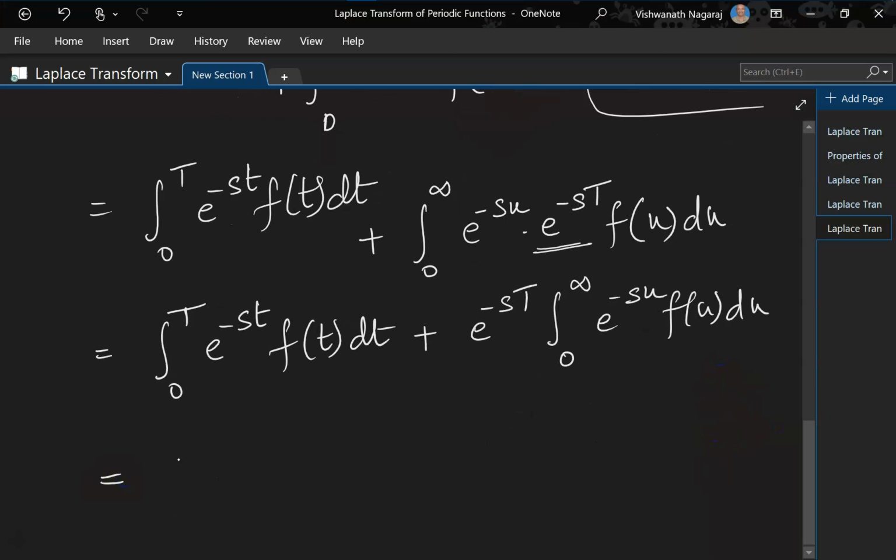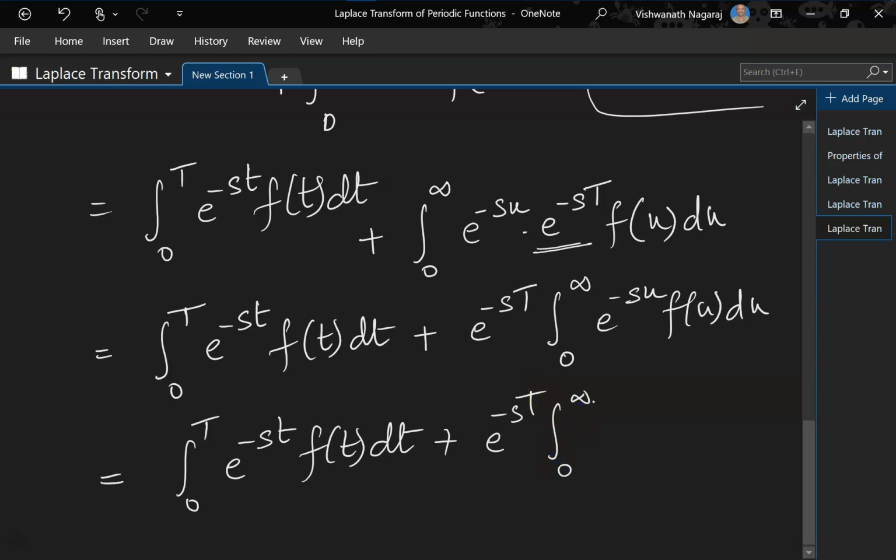Now we have 0 to capital T of e to the power of minus st f of t dt plus e to the power of minus sT times the integral from 0 to infinity of, now instead of writing u, we can write t itself because it is still 0 to infinity. There is no distinction now.